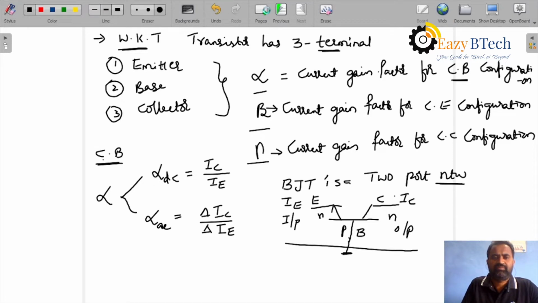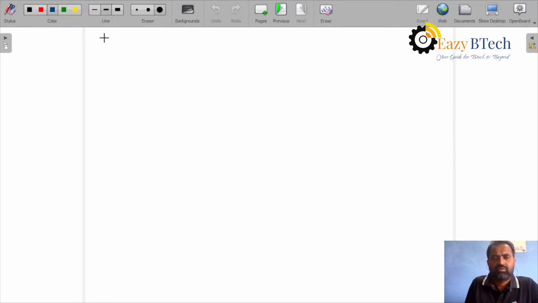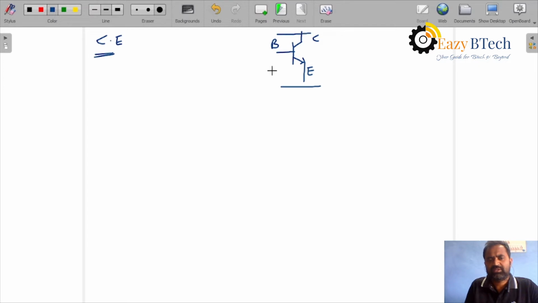Similarly, if the emitter is common, we represent it like this: base, collector, emitter. So the emitter is common between input and output.